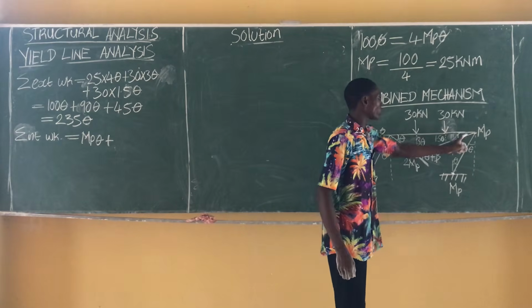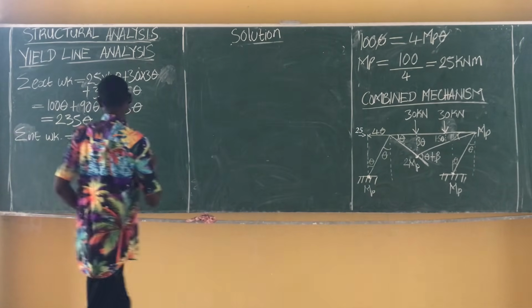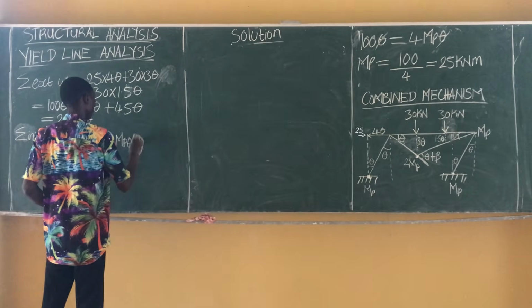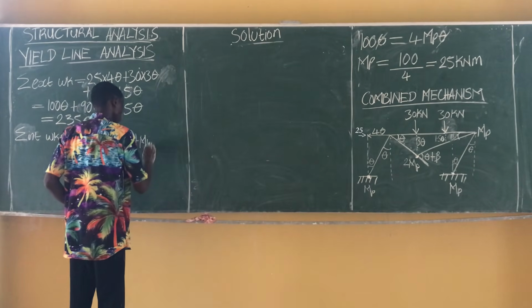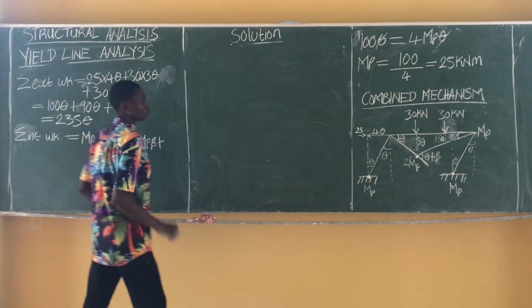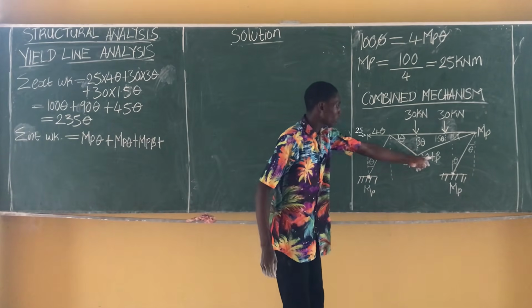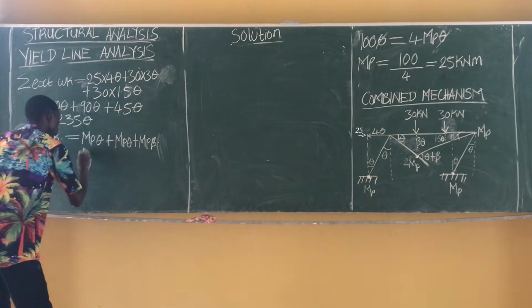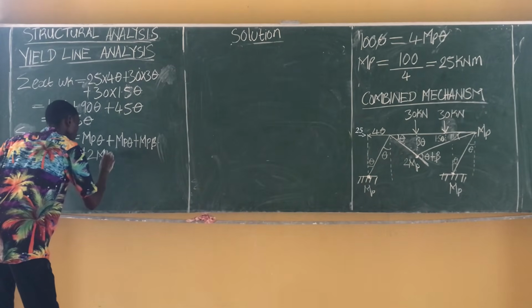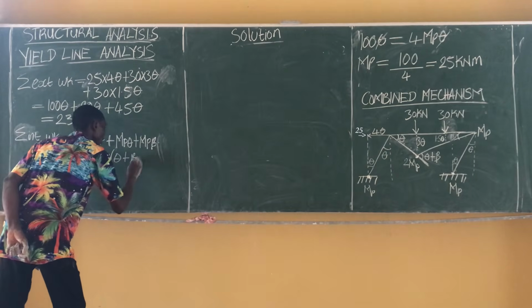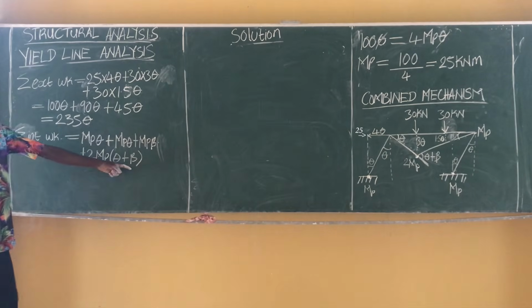At this point we have MP beta. So plus MP theta plus MP beta plus 2MP theta plus beta. Okay, so this is plus 2MP theta plus beta.